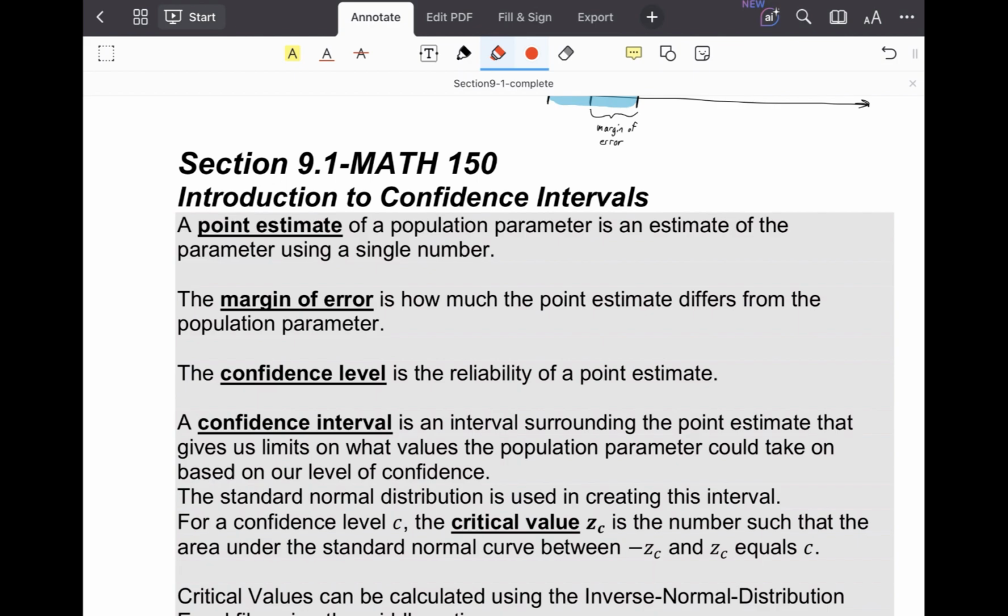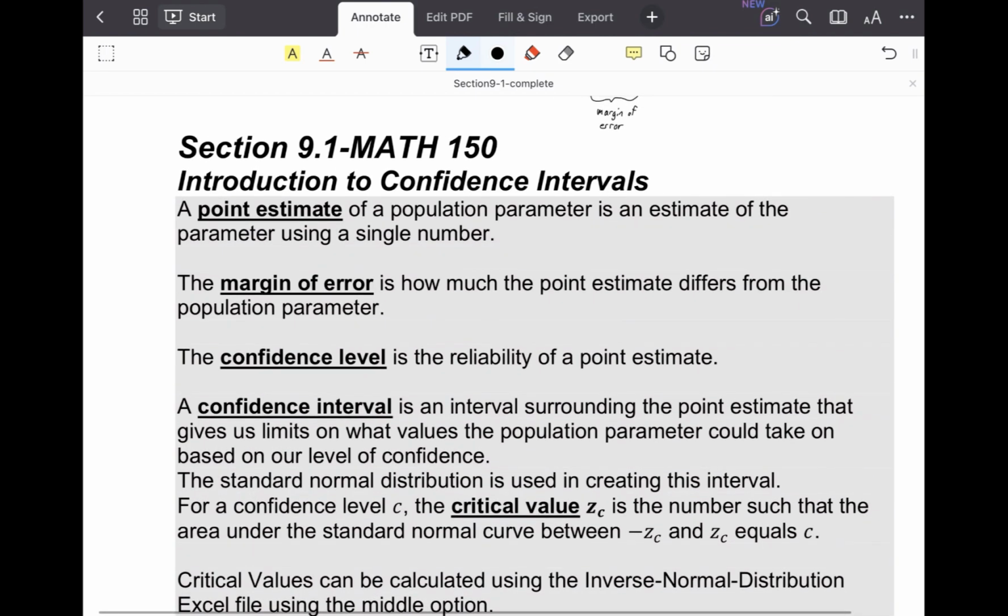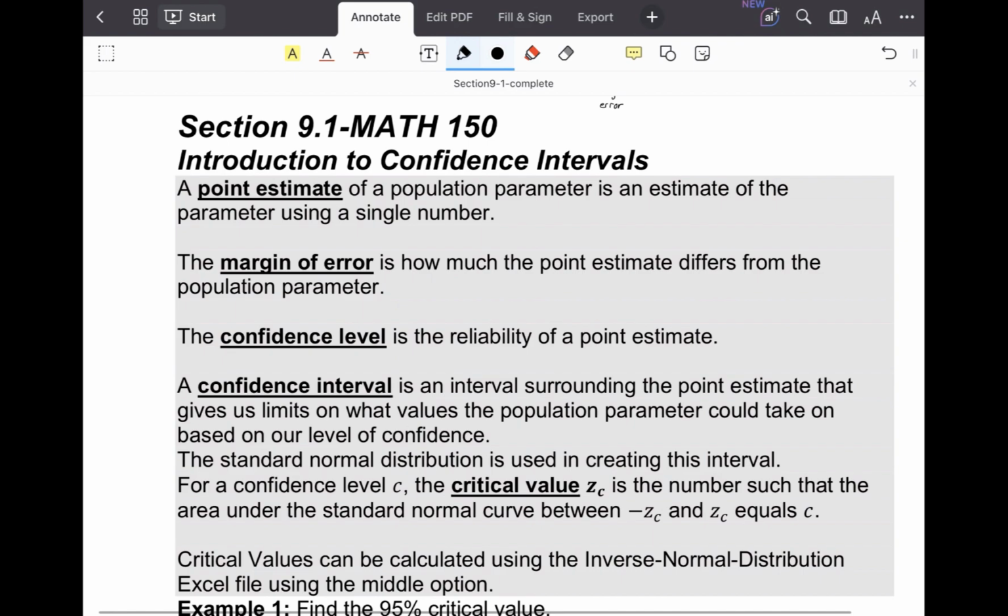You can use other confidence levels. A lot of times it depends on the field of study, and in a course like research methods, they would tell you what the standard is to use in the specific field of study that you're working in. But for the most part, we're going to use 95% as our confidence level.